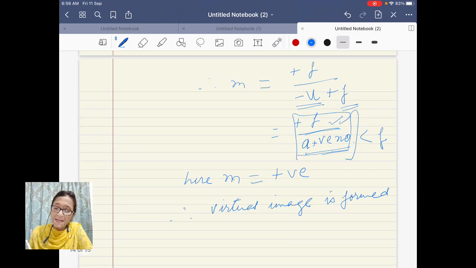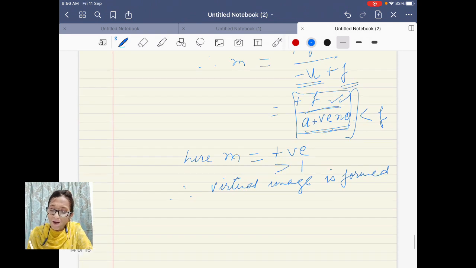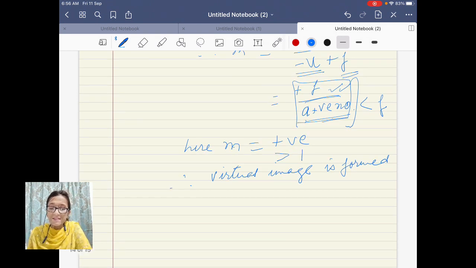So magnification here is greater than 1. Therefore a virtual image is formed, and from this second result, the image is magnified. The image is enlarged.